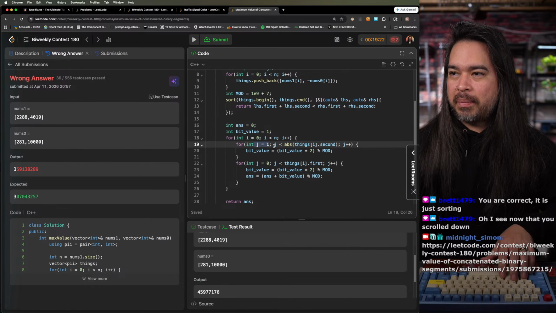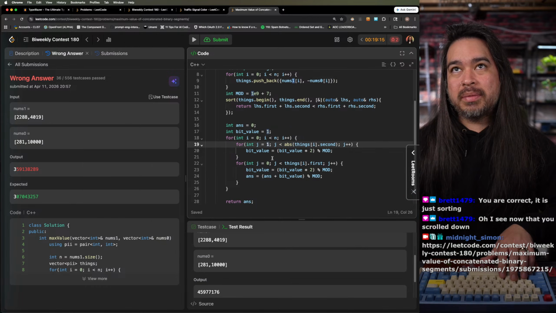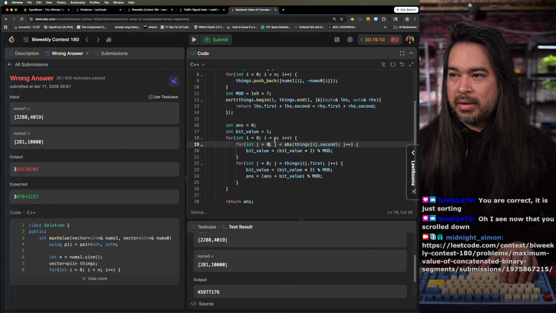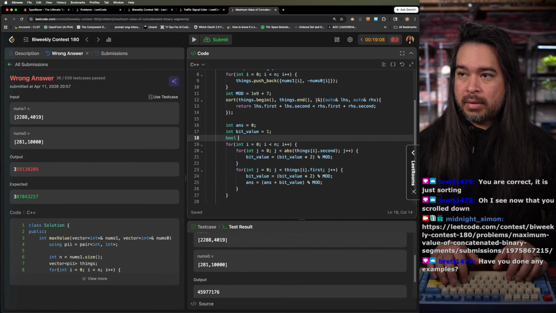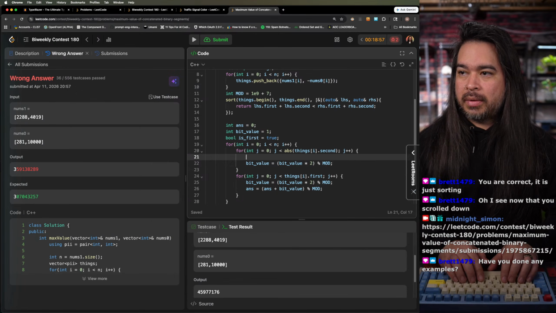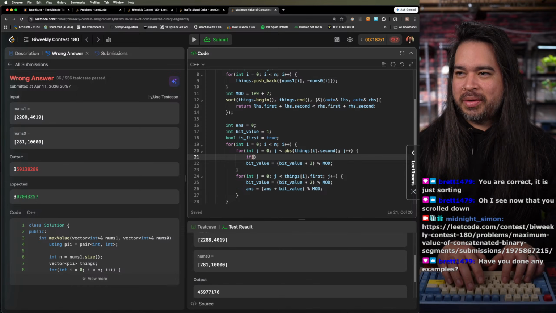Maybe my bit value is off as well. Because I skip like the first one sometimes. So I don't want to hit that the first time, you know. It's getting weird, my code.